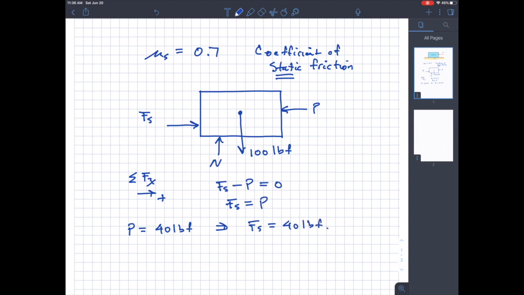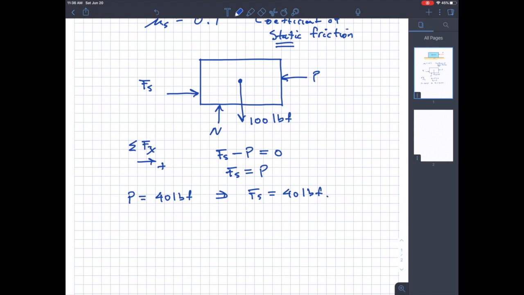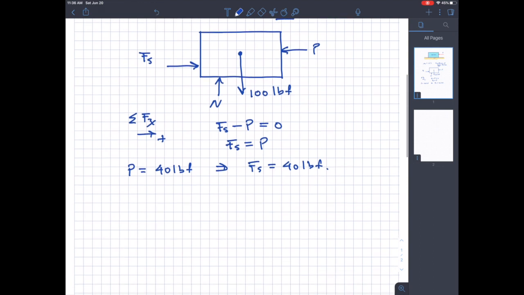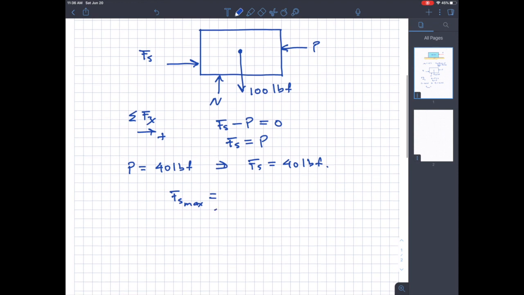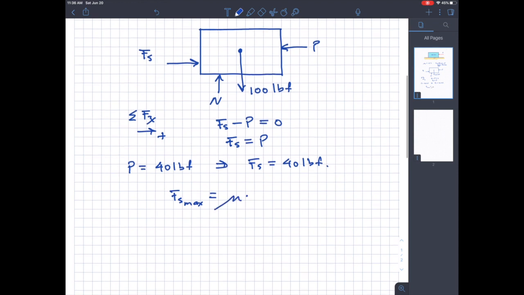Okay, so what I want to add into this is what we know intuitively: I can apply a force to this box, but if I push it hard enough, it's going to move. All right, so that implies, if you think it through, that there's a limit to this static friction force. All right, and it turns out that's true, that Fs max is going to be some coefficient mu times the normal force.